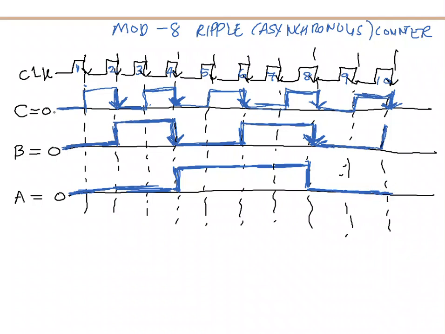Okay, so now we try to write whether we get the correct sequence or not. Starting from here, A0, B0, C0. So for this one, we have 0, 0, 0. And then this one, A0, B0, C1, so 0, 0, 1.